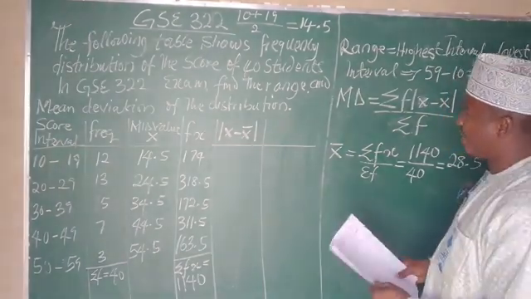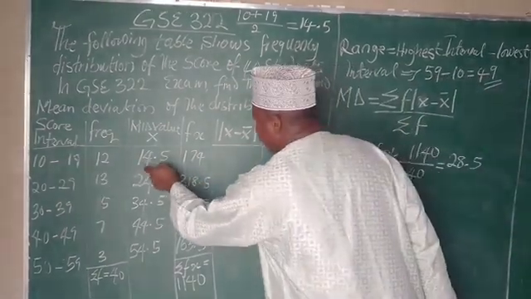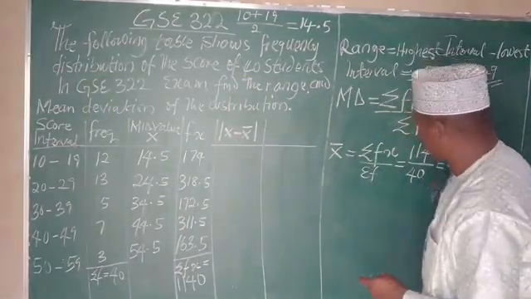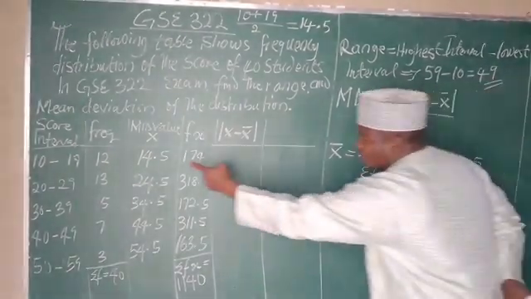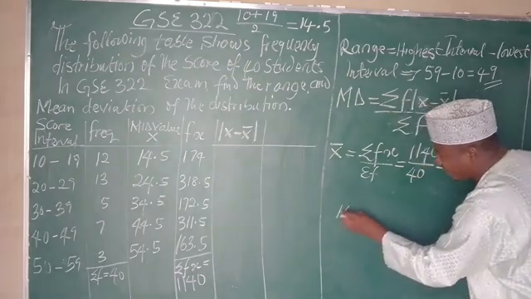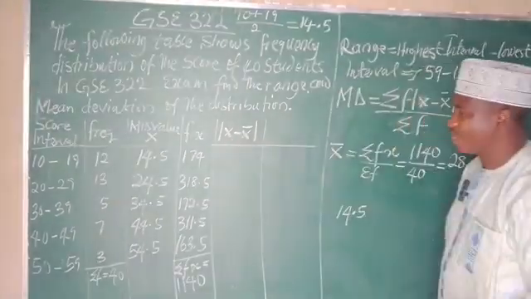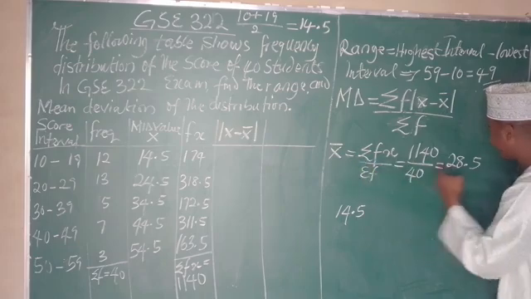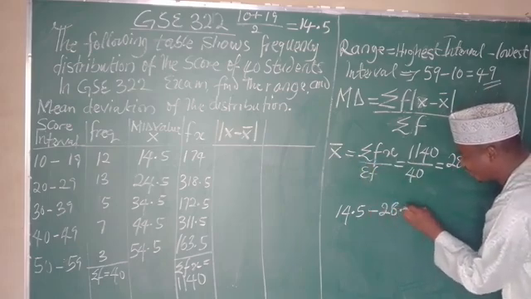So now, in this case, the first one, our x is 14.5. Let's write it here so that we see how to do it. The first one here, we have 14.5, which is our x, then minus the x bar. The x bar, we always say, is our mean, minus 28.5.